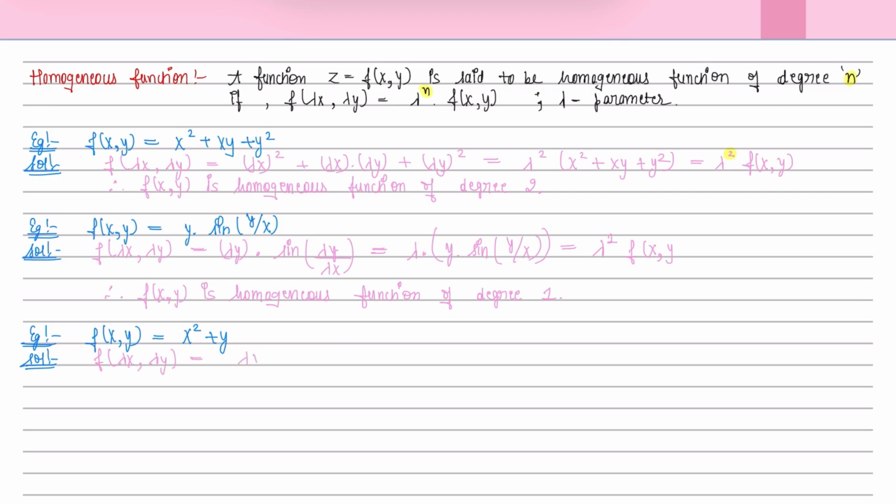This becomes (lambda x) whole square plus lambda y. And we can see that we cannot write it in the form of lambda square into f of x comma y. Therefore, this given function f of x comma y is not homogeneous.